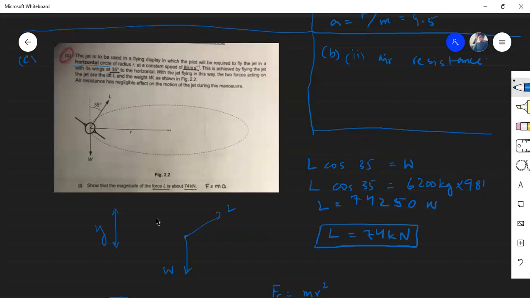So the only component of the force L that acts towards the center of the circle is the force that's causing the circular motion, because everything else is just used to cancel out weight.